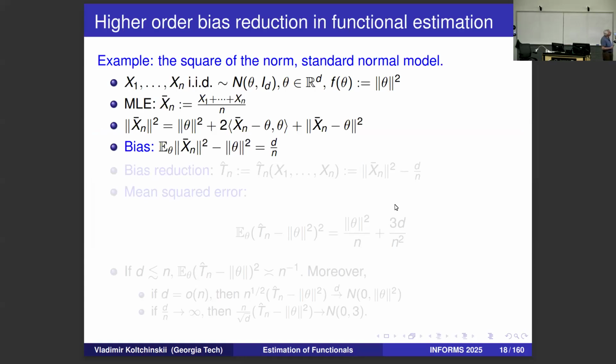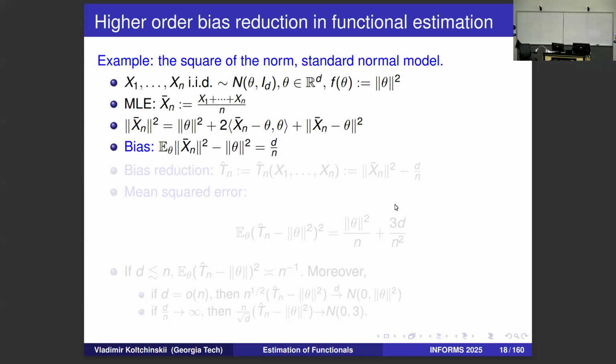In this case, the maximum likelihood estimator is, of course, the sample mean. The plug-in estimator will be the square of the norm of the sample mean, and by straightforward computations, which boil down to computing this expectation, you can show that the bias of this estimator will be of the order d over n.